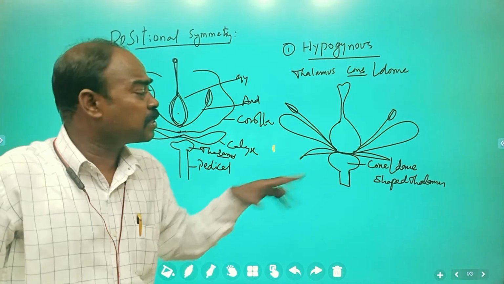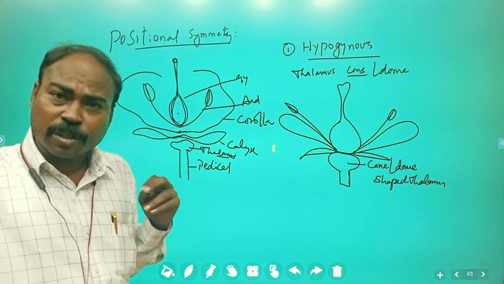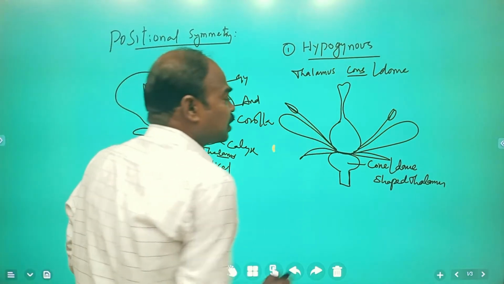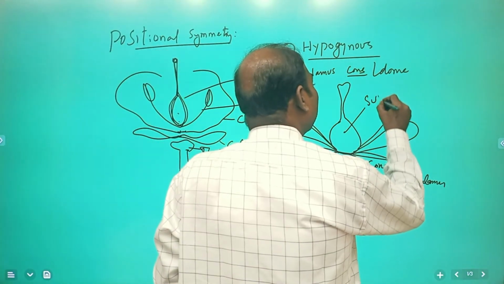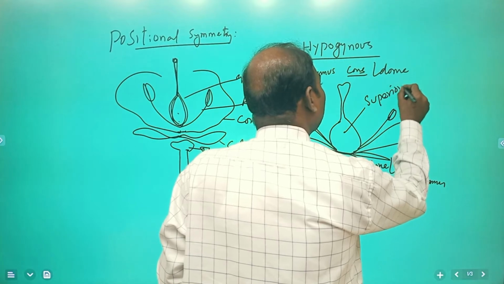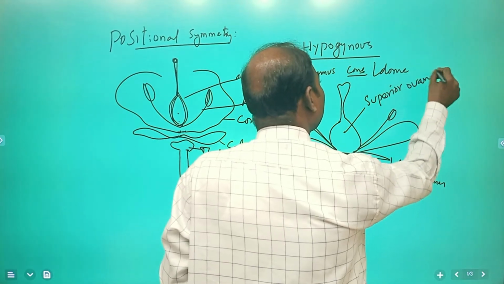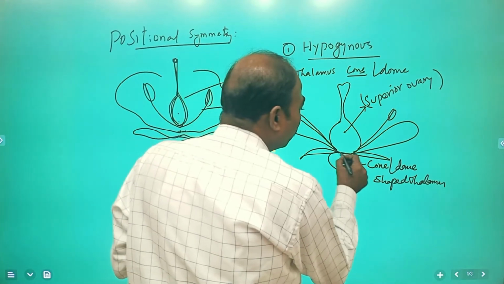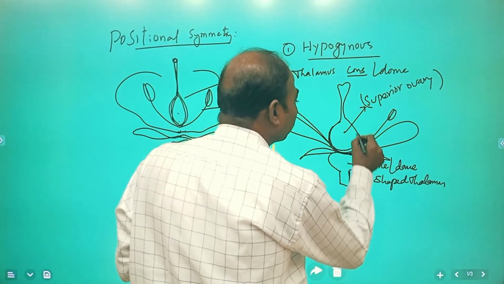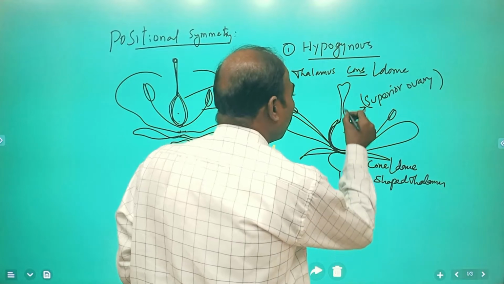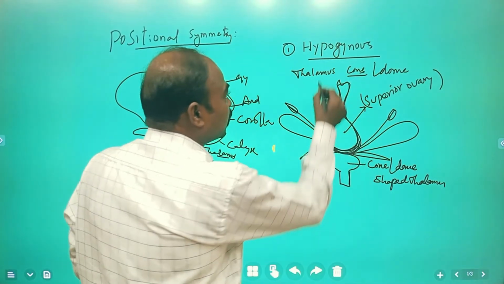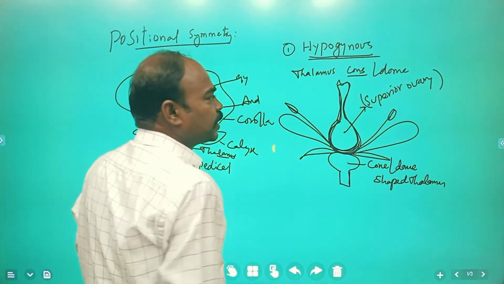In such flowers, the gynoecium occupies the extreme top position, that is a superior position. So in these flowers, the ovary is said to be superior ovary. The remaining floral whorls develop from the base of the ovary. Such flowers are called hypogynous flowers.